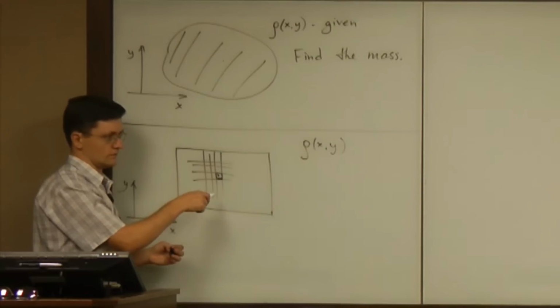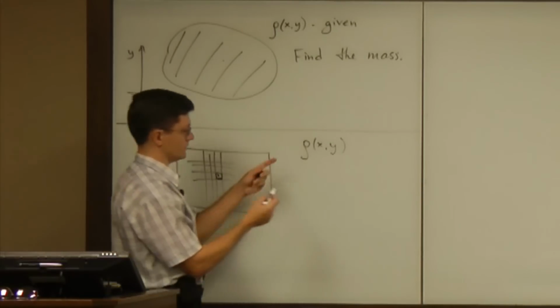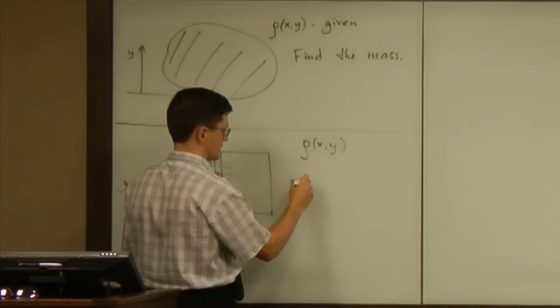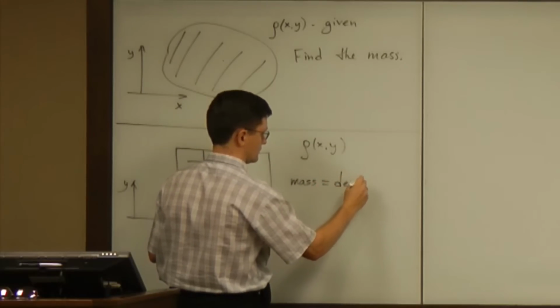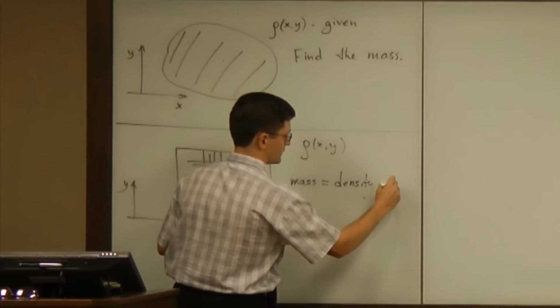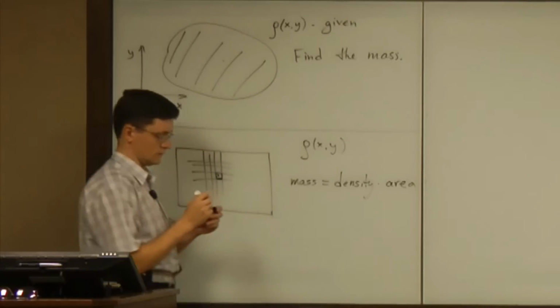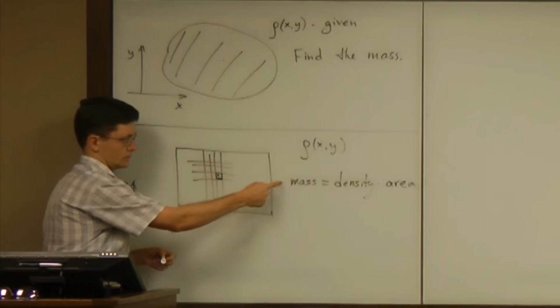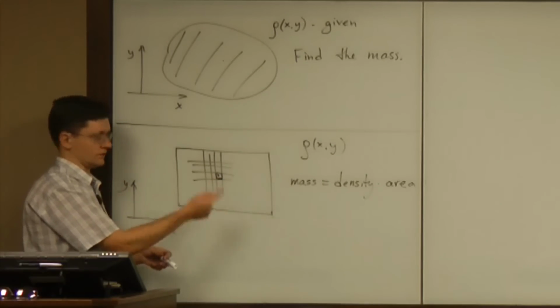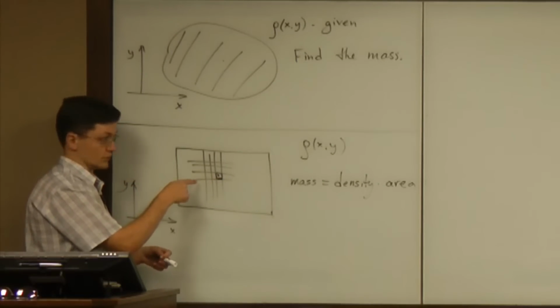So you cut in the effort of bringing that formula, that mass is density times the area. And that formula doesn't apply globally, but it applies locally, approximately.